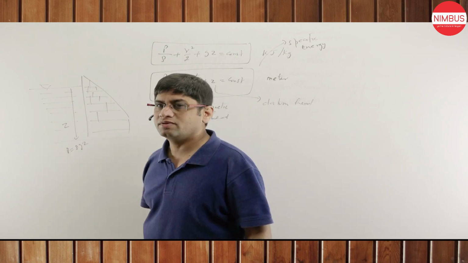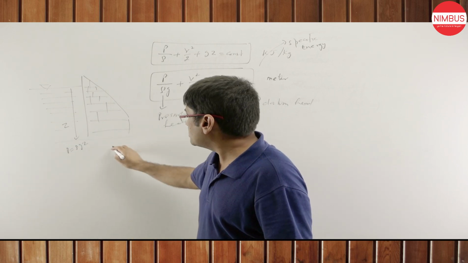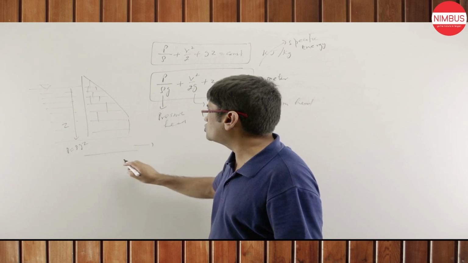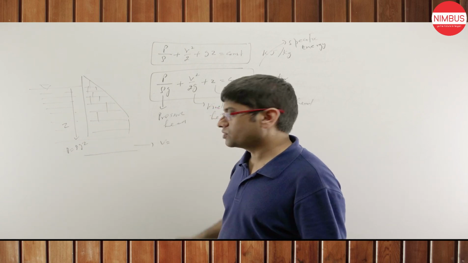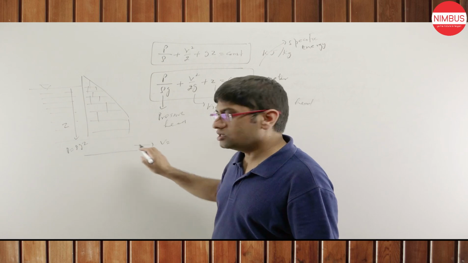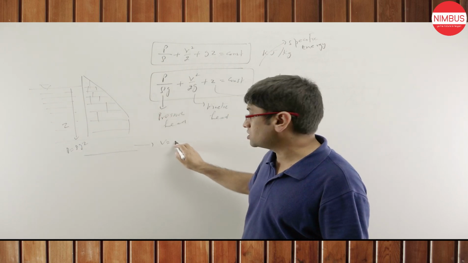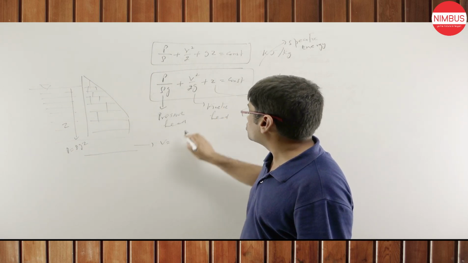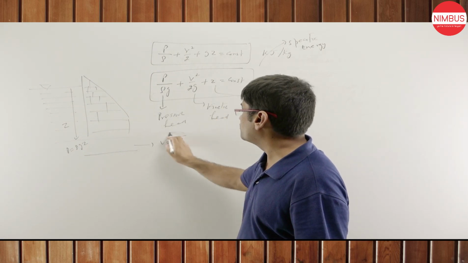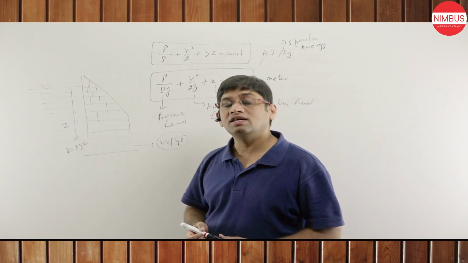Rho gz will be the pressure in the fluid here, and that fluid pressure will eventually convert into velocity, which is equal to P is equal to rho gz. So if I use the Bernoulli equation, I can calculate velocity also. V square by 2g is equal to z. So 2gz under root will be the velocity of the fluid once it starts flowing.